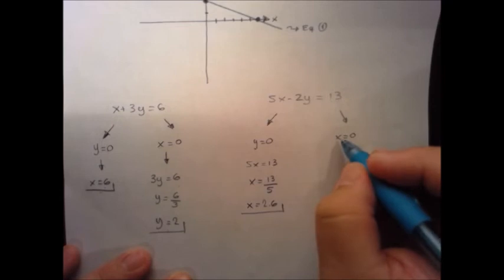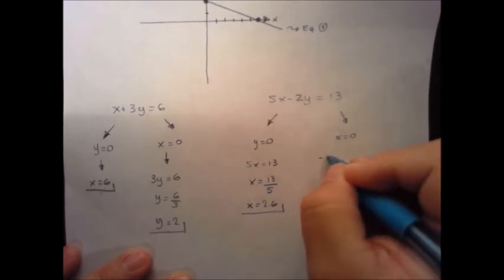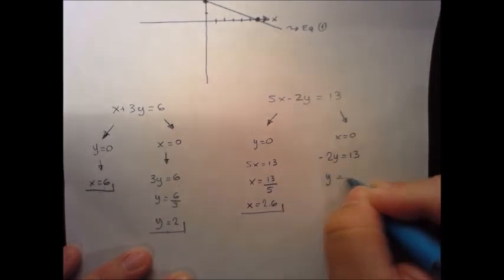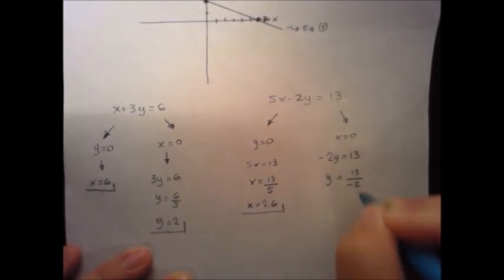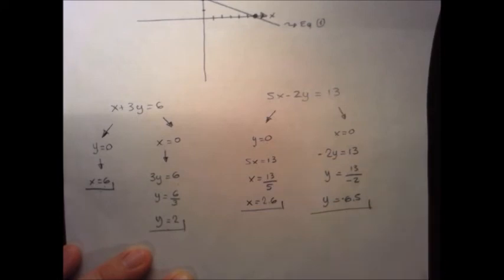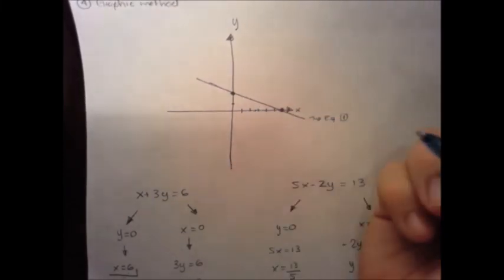And then here, if I suppose that x is 0, so this is going to disappear, and then I'm going to have minus 2y equal to 13. y is going to be 13 over minus 2. In that case, it's going to be negative 6.5. Okay, this is the intersection on y. So let's look for this one. This is going to be 2.6 approximately over here.